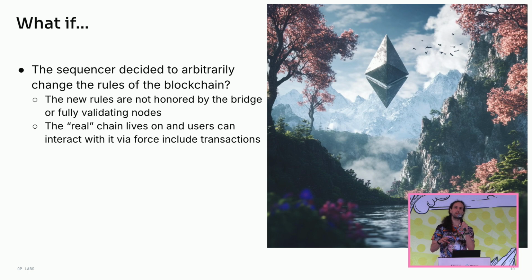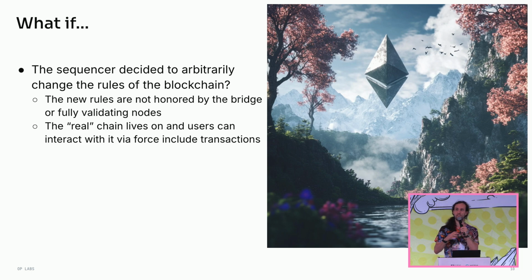Now, people often ask the question, can't the sequencer just arbitrarily change the rules? This is not the case. The only way that an OP stack chain can change its rules is if the proof system is upgraded on chain, and it's really this social consensus around who's running the full nodes.